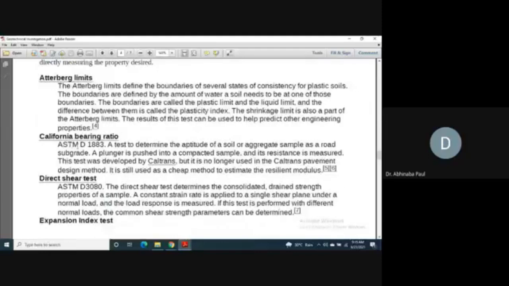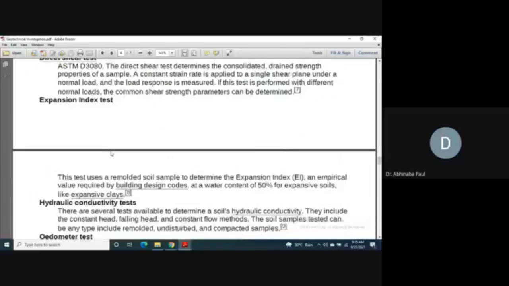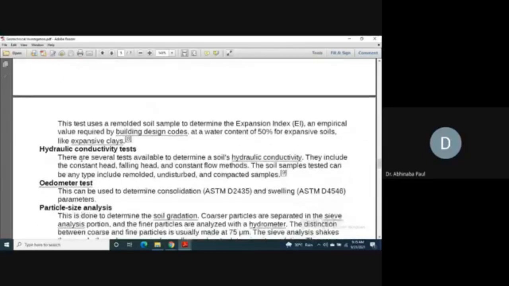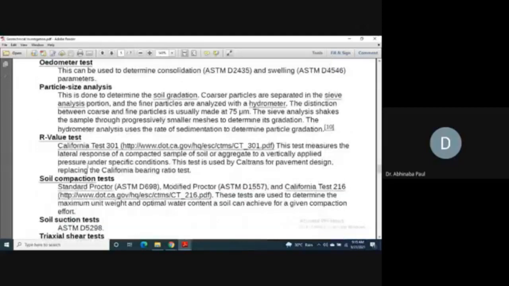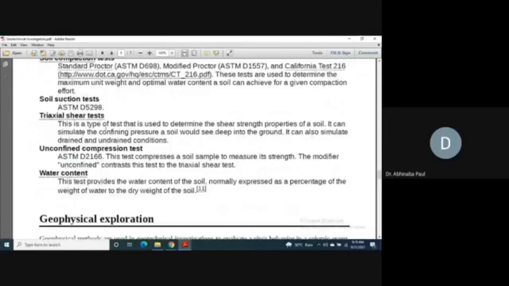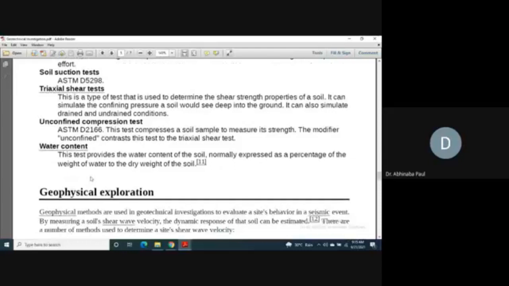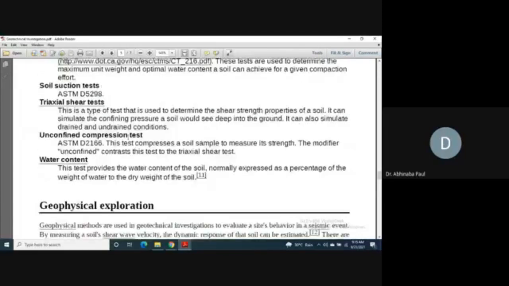So first one is Atterberg limit, then California bearing ratio, that is CBR, direct shear test, expansion index test, hydraulic conductivity test, hydrometer test, particle size analysis, R value test, soil compaction test, soil suction test, triaxial shear test, unconfined compressive test, water content, and specific gravity. Shrinkage limit. So these are the tests we go for. Very importantly, you try to remember the names.